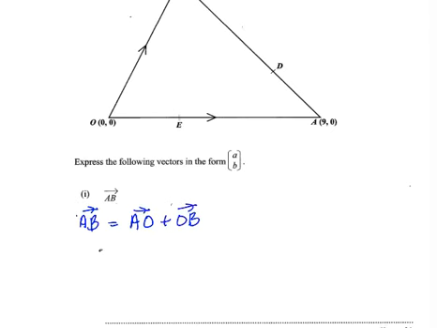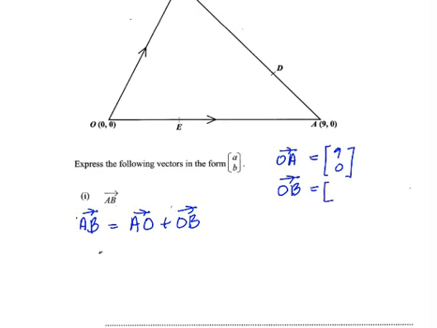OA we know already is (9, 0), and the vector OB is (3, 6).